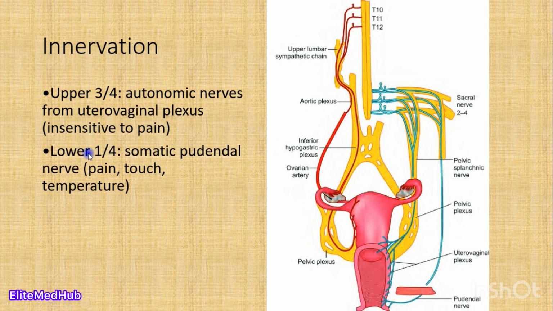The lower one-fourth of the vagina is supplied by the somatic pudendal nerve, which is sensitive to pain, touch, and temperature. You can see the somatic pudendal nerve arising from the sacral nerves S2 to S4 to supply the lower one-fourth of the vagina, which is sensitive to pain and temperature.